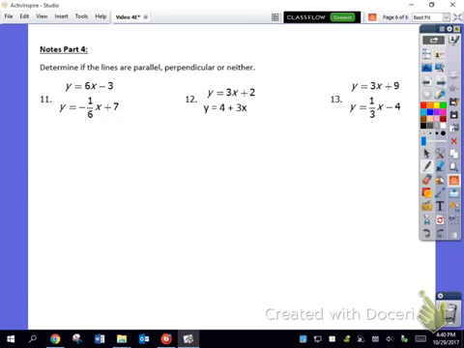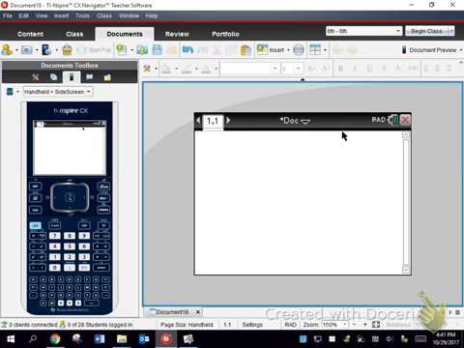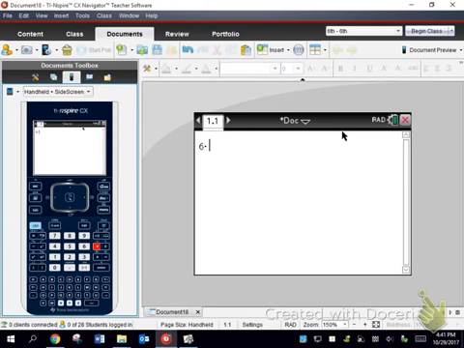Now on part 4, determine if the lines are parallel, perpendicular, or neither. So a couple things you can do. Look at the slope. My slope here is 6, and my slope here is negative 1/6. Now remember, we said that you could multiply those, so I'm going to multiply 6 times negative 1 divided by 6.